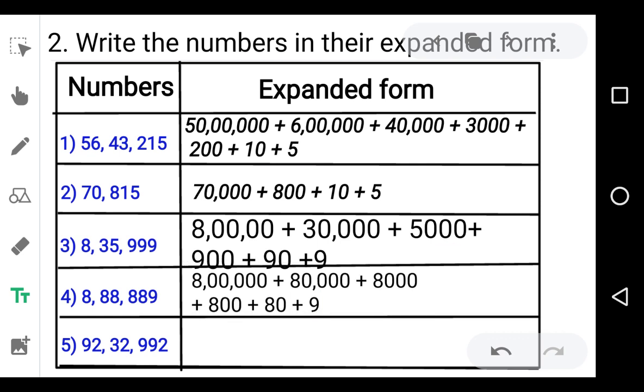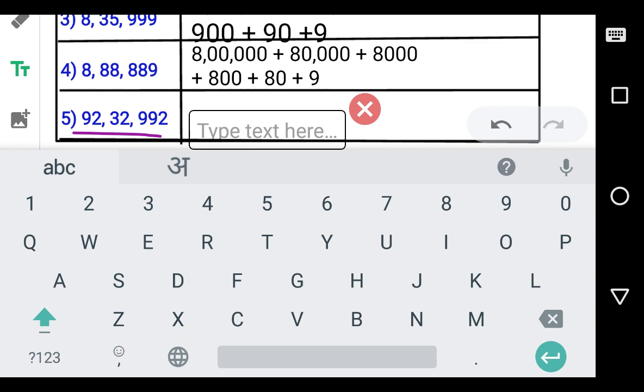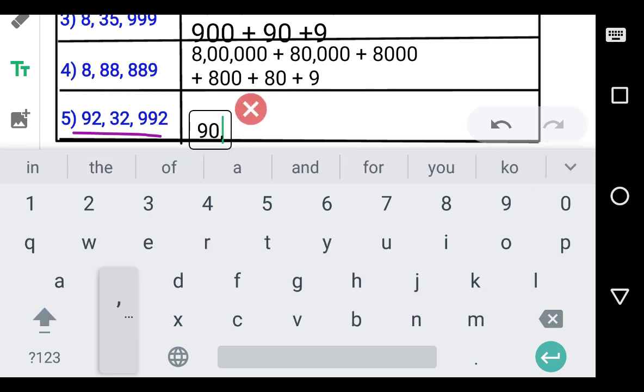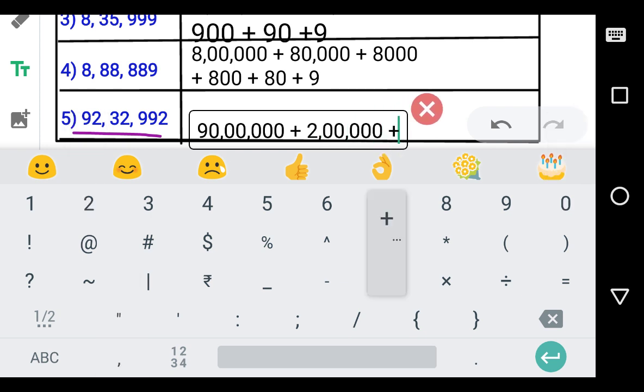Next is 92 lakh 32,999. So see, 9 is at 10 lakh place. So its place value is 90 lakh. Then 2 is at lakh place. Its place value is 2 lakh. Then 3 is at 10,000 place.